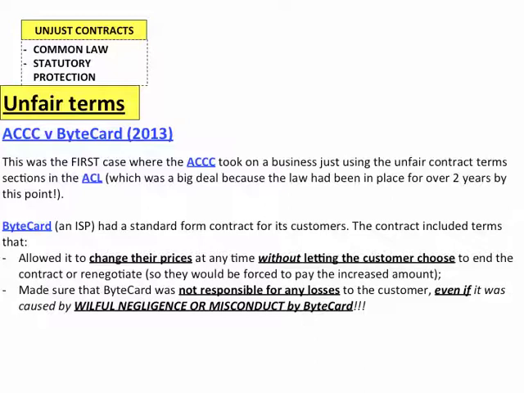But their one said that even if it was by the misconduct of ByteCard, even if someone at ByteCard had done the wrong thing, if they had taken your details and sold them to someone, and they used it for some nasty purpose, and you ended up losing all your stuff, ByteCard said, well, that's not our fault either.